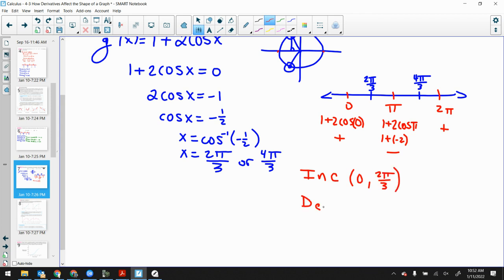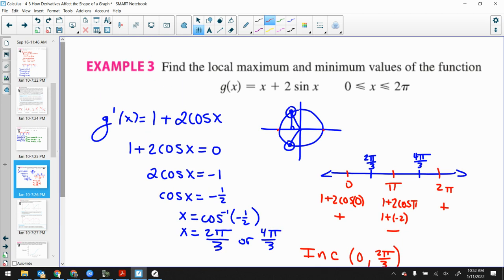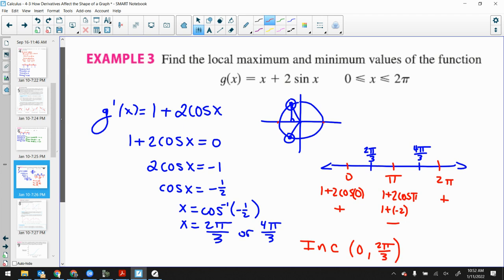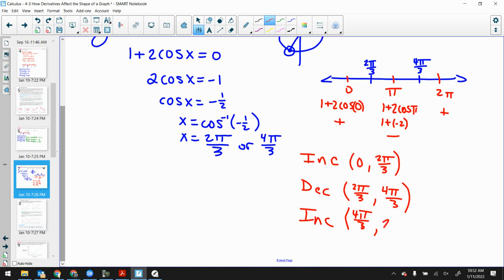It's decreasing in between, from 2 pi over 3 to 4 pi over 3. And it's increasing again from 4 pi over 3. And then where does our interval stop? 2 pi. Because again, it's just one rotation. Before we had infinities because we didn't have a boundary.